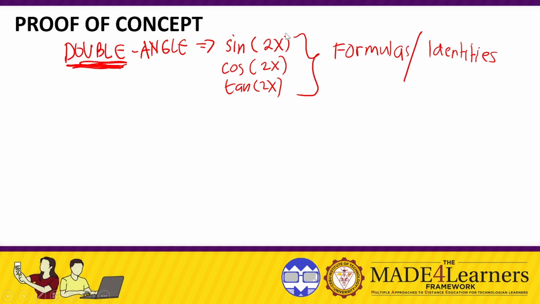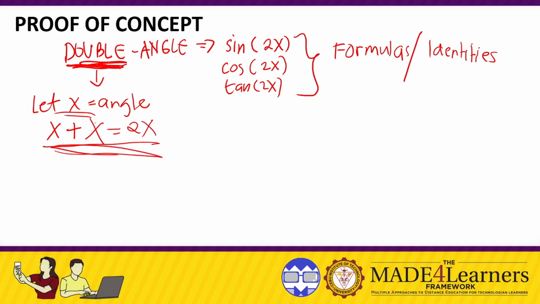So how do we start, or where to start? We must remind ourselves that if we have an angle, let's say let x be our angle, we can get the double angle by simply multiplying by 2, or by simply adding another angle, and this will give us 2x.